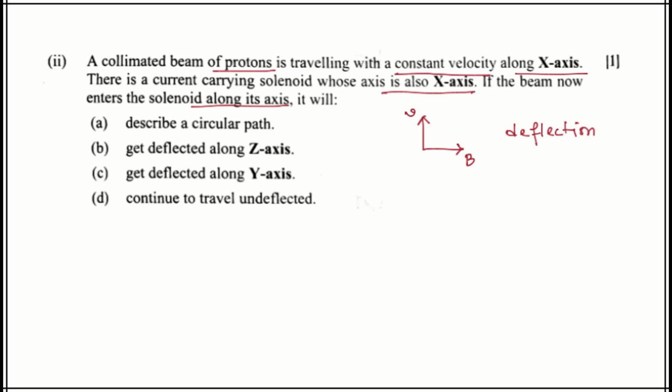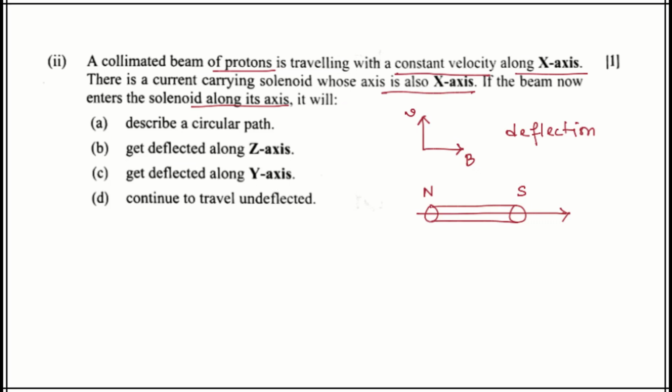And we know for the solenoid, the magnetic field direction is also along the axis. So therefore, if we draw the solenoid, then the magnetic field lines will be in the direction, if it is north-south, then in the direction of the axis.